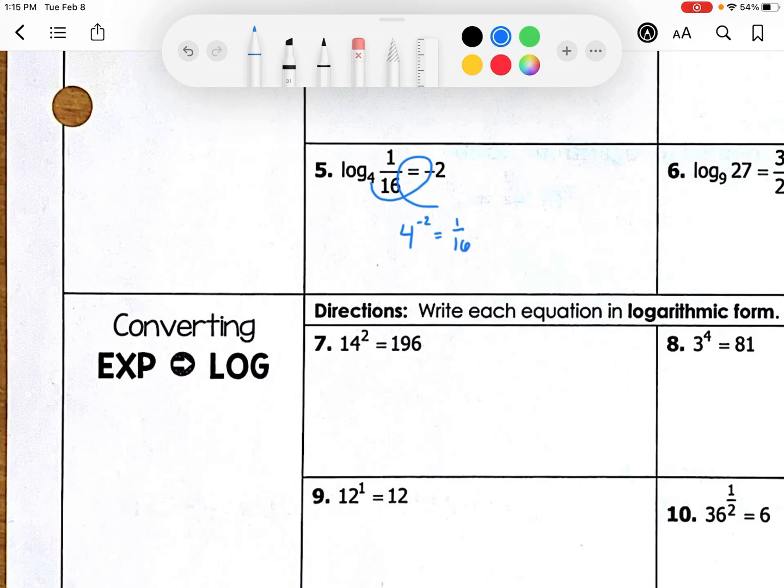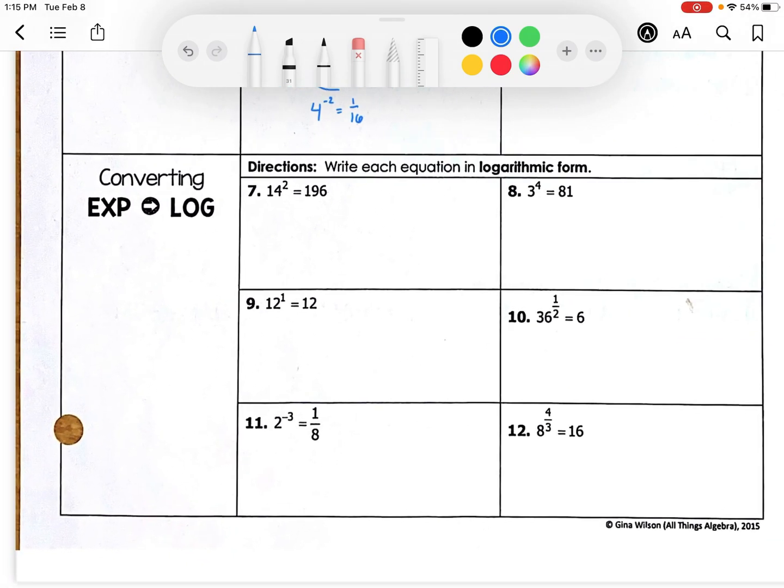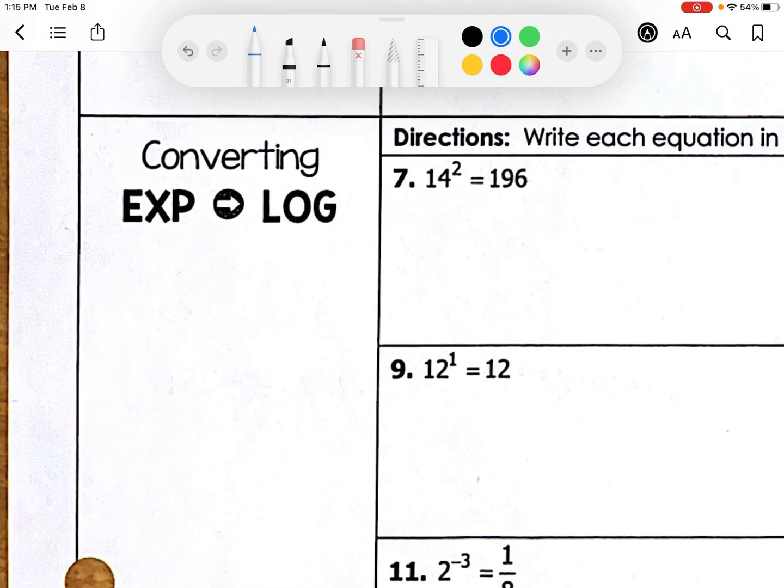We're also going to have to go now exponential to log form. Let me show you on the side what that's going to look like. Here again, we have our exponential. Now to convert that to a log, I'm going to draw a capital L for log. And again, notice how I touched each of the letters.